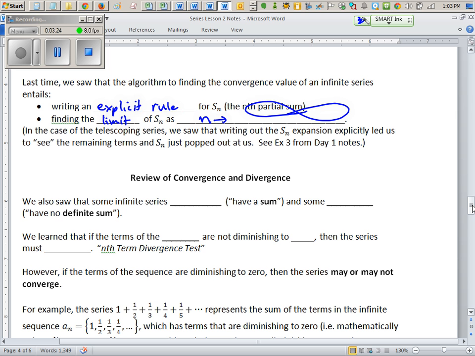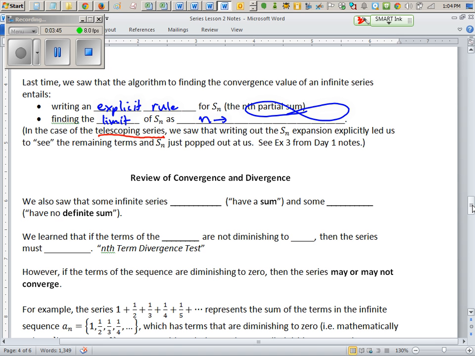Okay? So the idea is to try to understand how the adding is working, and then try to understand its end behavior. It's quite challenging. If you look back in the day 1 notes, you'll see getting Sn took us forever. On example 3, for example, we had to do a telescoping series.